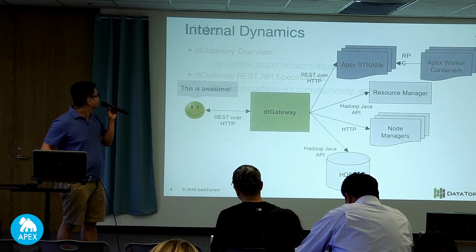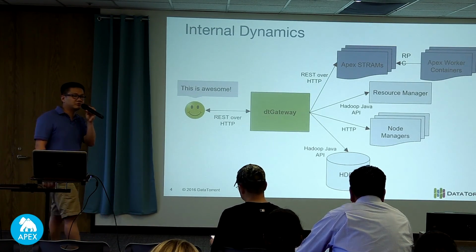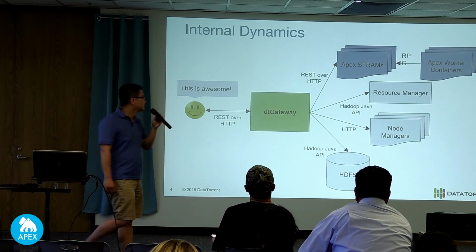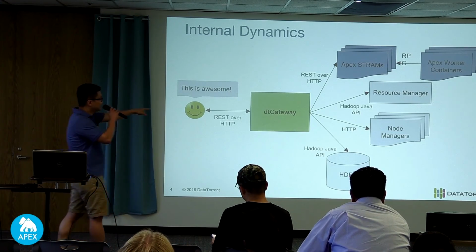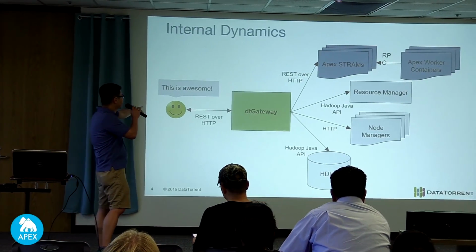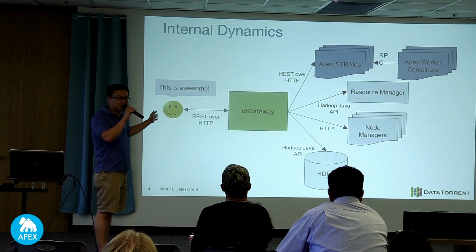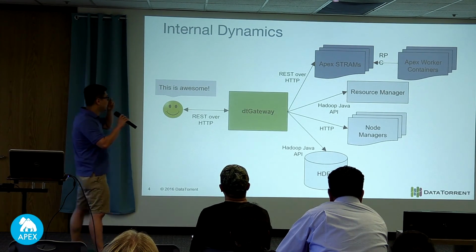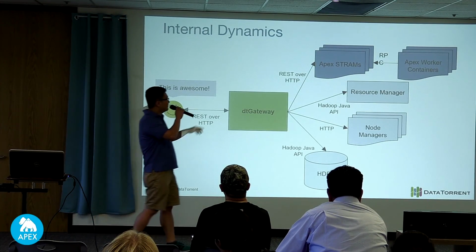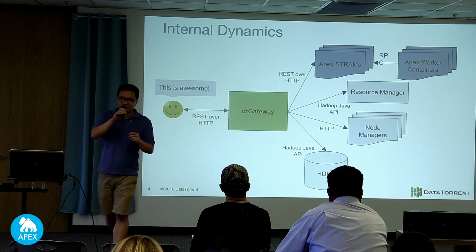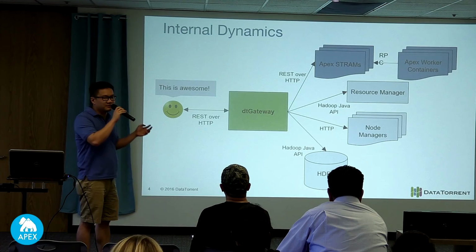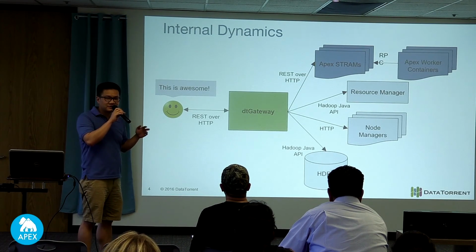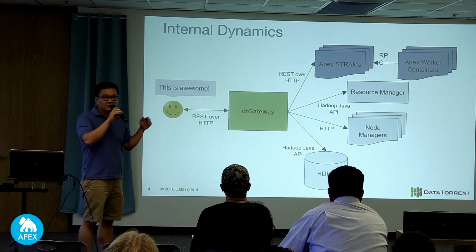Now I want to talk about the internal dynamics of dtGateway. The green box in the middle is the dtGateway, and the smiley face is the browser or whatever is issuing the REST API calls. If you don't know yet, Apache Apex is a platform that runs on Hadoop YARN.